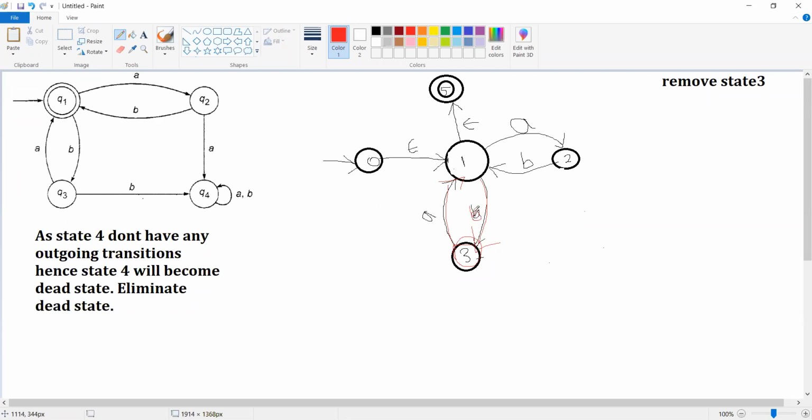The incoming transition input symbol is B, the outgoing transition is A. So we do the concatenation, and the result will be BA. So now I am going to remove this entire thing. The answer which we are going to get will be BA.